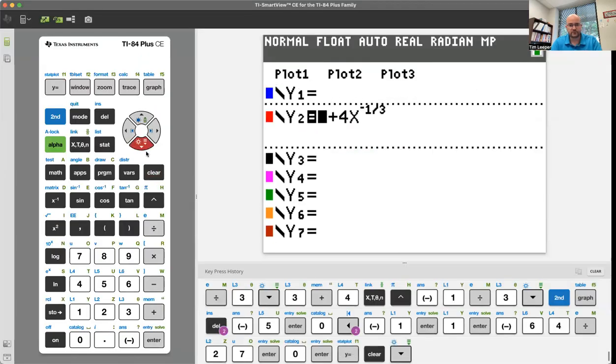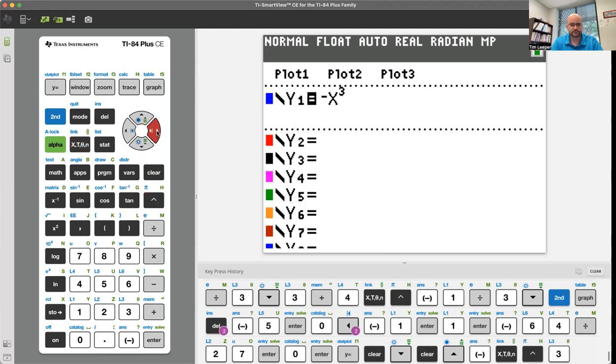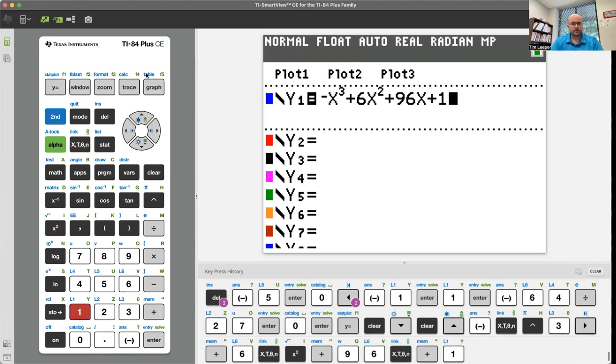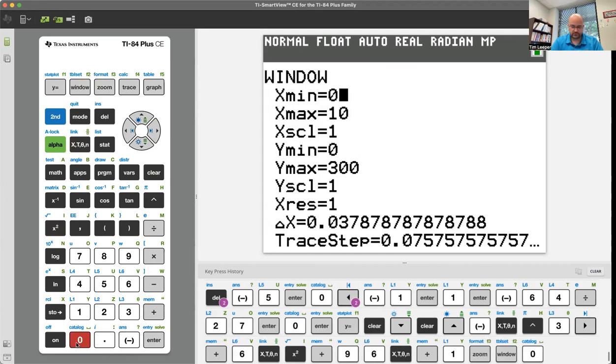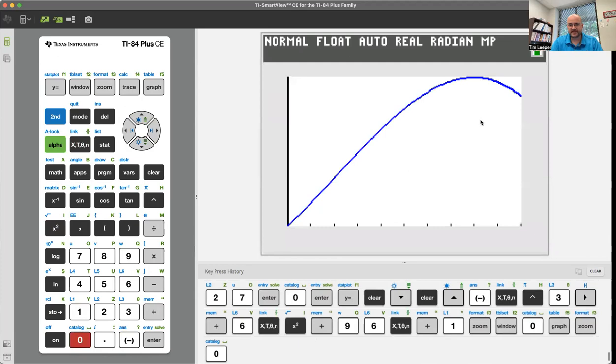So on y1, we're going to type in the denominator, negative X cubed plus 6X squared plus 96X plus 1. Good. For the window, it's 0 to 10. Good. And if I graph this, I'm going to put this on zoom 0. Notice that it's not going to have any solution in 0 to 10 here, maybe over here.